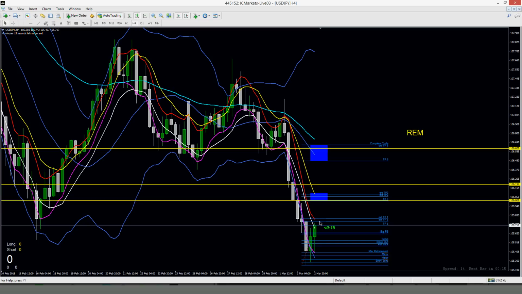First is at MA5, which is an early re-entry. Second is at MA5, MA10, and the last re-entry would happen at middle BB. Middle BB re-entry is a movement of the market of a minimum of 3 candlesticks, as you can see over here: 1, 2, 3, more than 3 candlesticks. That's the minimum of a middle BB re-entry.